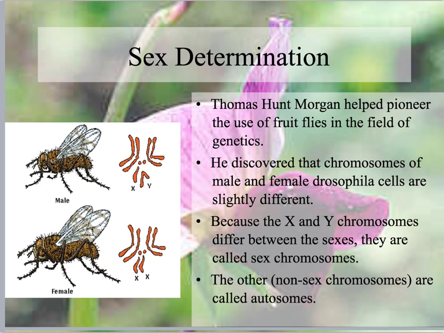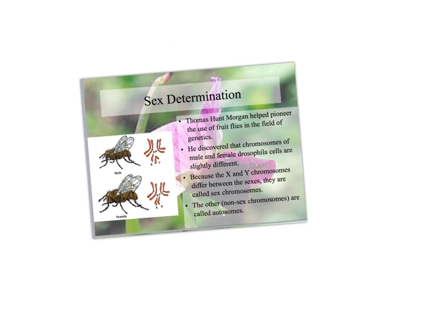Another important thing that we need to know about is how to determine sex based on organisms. There was a gentleman by the name of Thomas Hunt Morgan who used fruit flies as an example to help us understand sex determination. And the important thing here is that when we talk about humans, you could be an X or you could be a Y. If you do a cross, that's a female, that's a male.